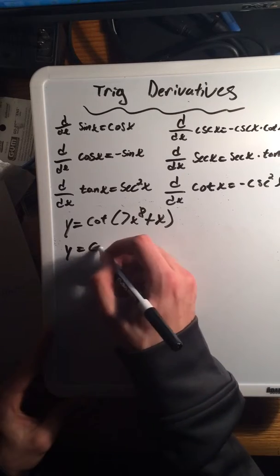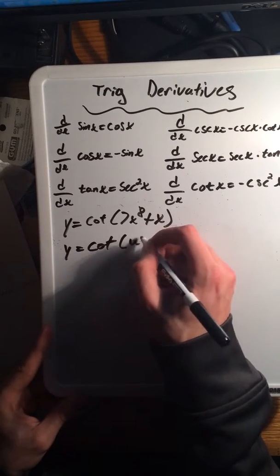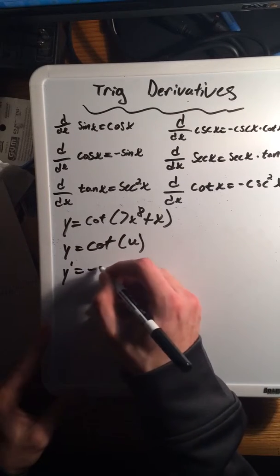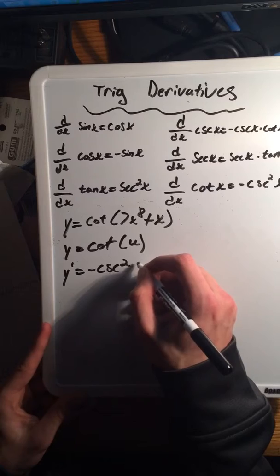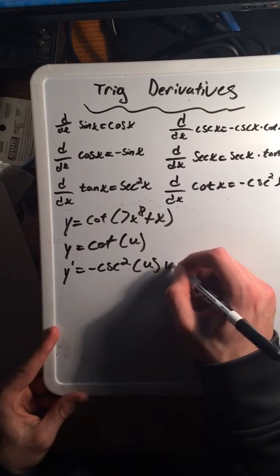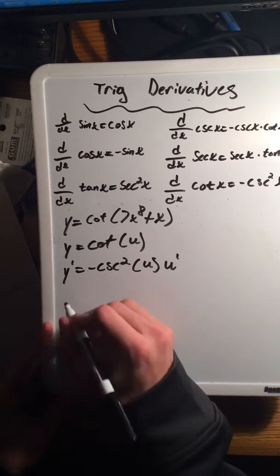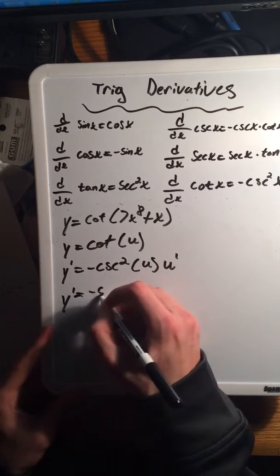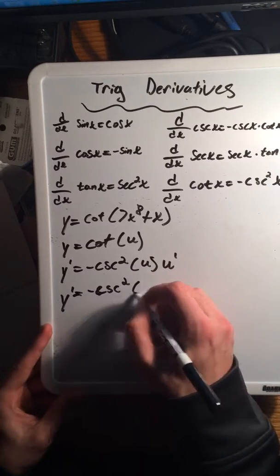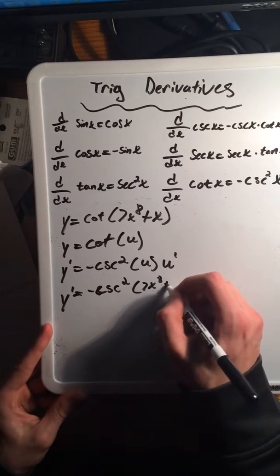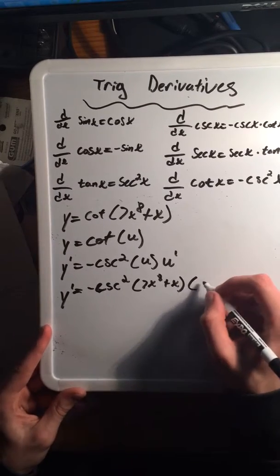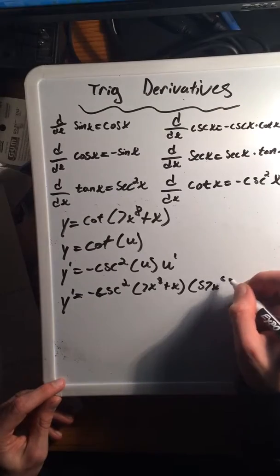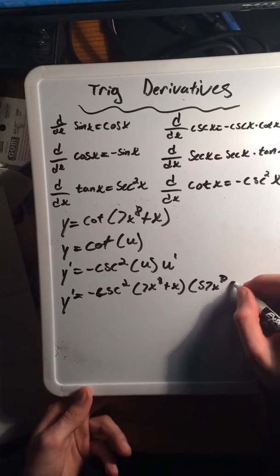So y equals cotangent of u. So now I'm going to find y prime equals negative cosecant squared of u times u prime. So now to plug in the blanks. So y prime equals negative cosecant squared of 7x to the 8th plus x times 56x to the 7th plus 1.